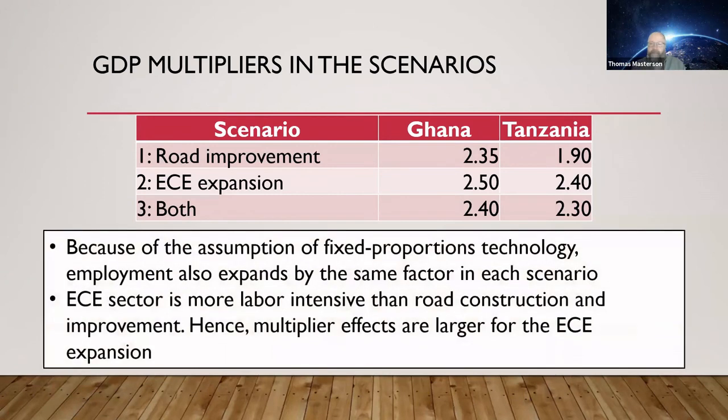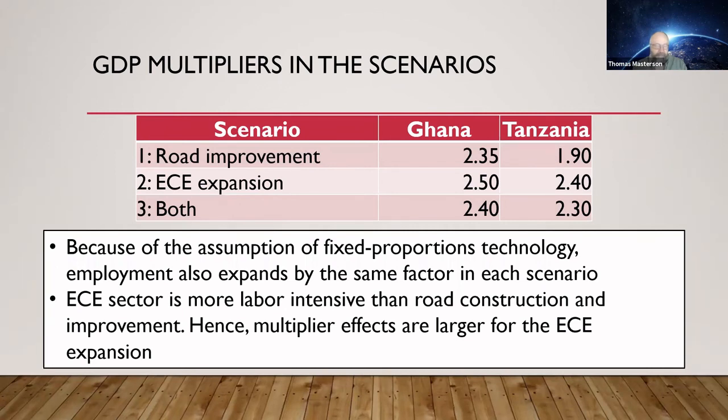Now, because of the assumption of fixed proportions, employment also expands by the same factor as the GDP. So the GDP multiplier, because of the Leontief production function, means that the employment multiplier is the same.